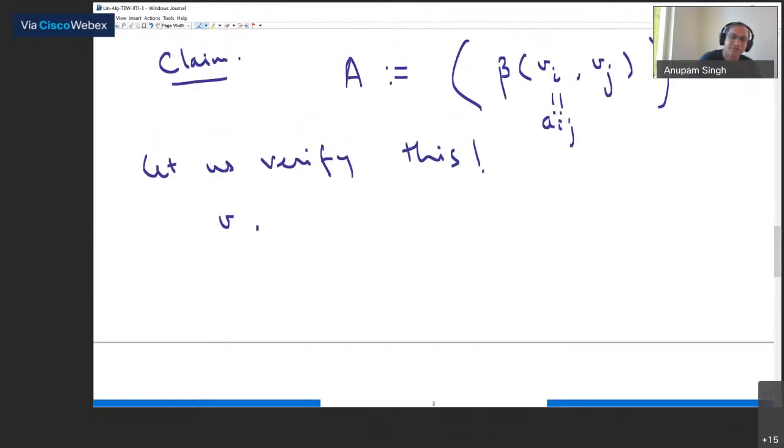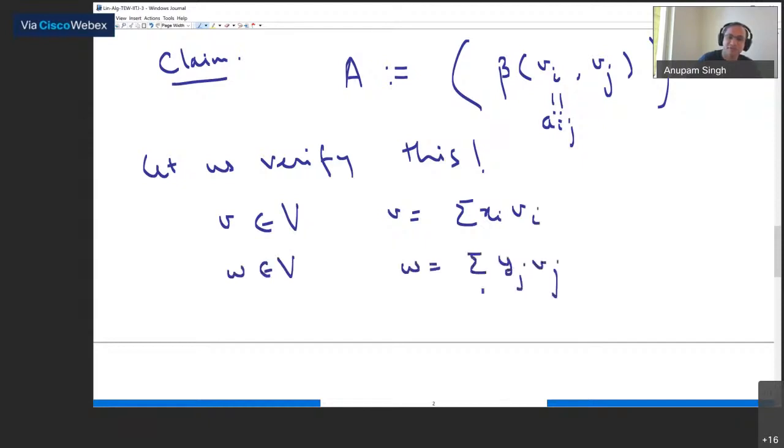Suppose I am given a vector v in V, so I write v as the sum of xi vi. And suppose I am given another vector w in V. So I'll write w as the summation over j equal to 1 to n of yj vj.